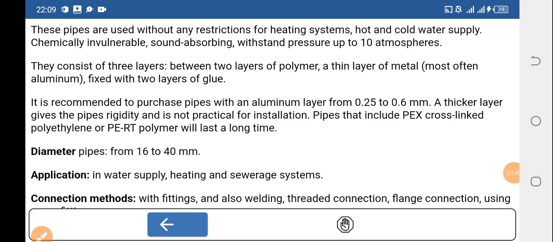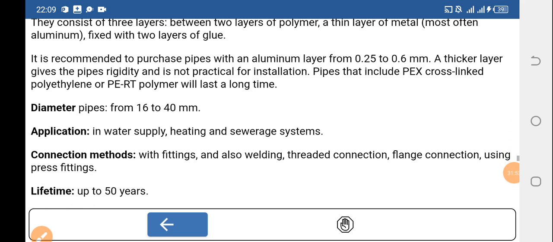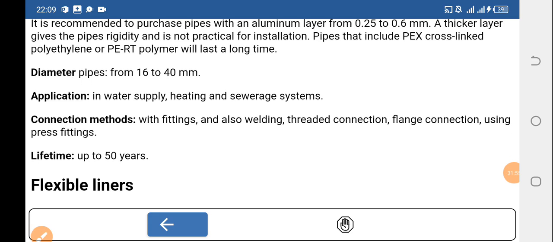Pipes that include PEX, cross-linked polyethylene, PERT polymer will last a longer time. Okay, diameter starting from 16 to 40 millimeter. So meaning 1.25, 1.5, 1 inch, up to maybe 3/4, up to 1.25.